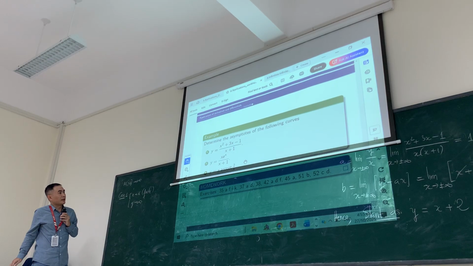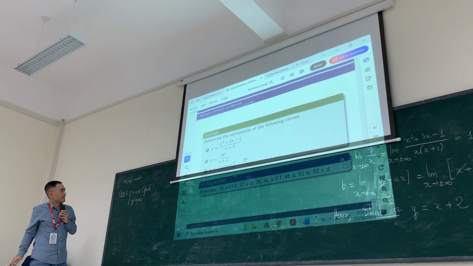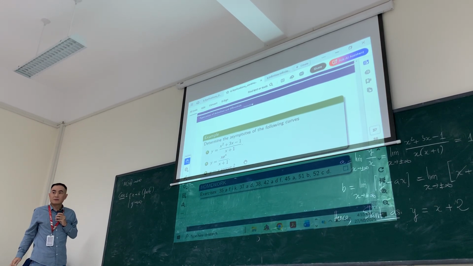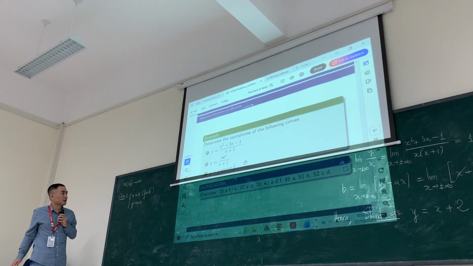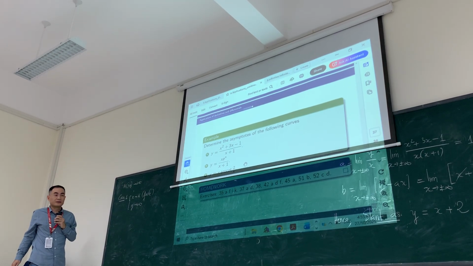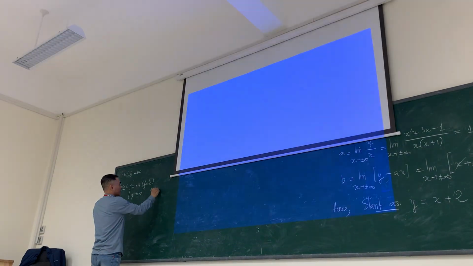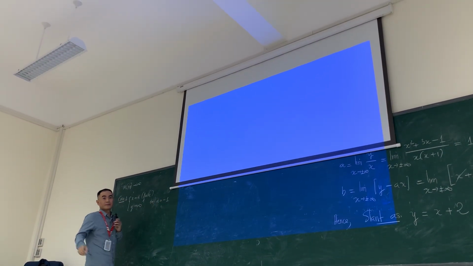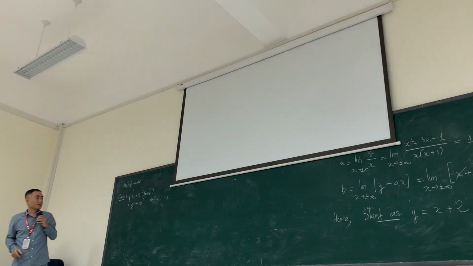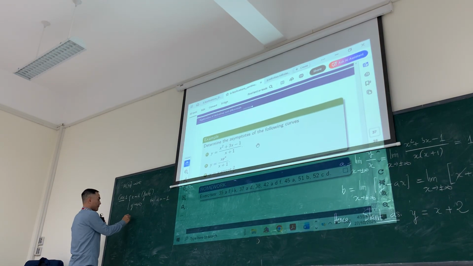Okay, I think it may be negative 1. A equals negative 1. Okay, only one because A is finite. Equivalent to A equals negative 1.